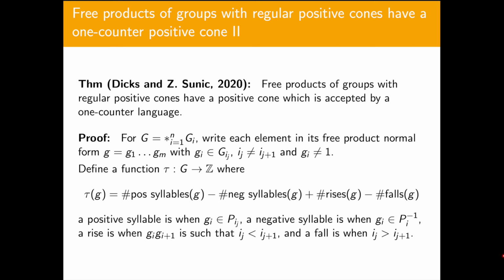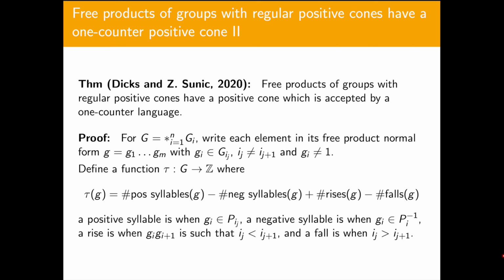Now, from this normal form, we define a function going from G to the integers, where tau of g is equal to the number of positive syllables of g minus the number of negative syllables of g plus the number of rises of g minus the number of falls of g.